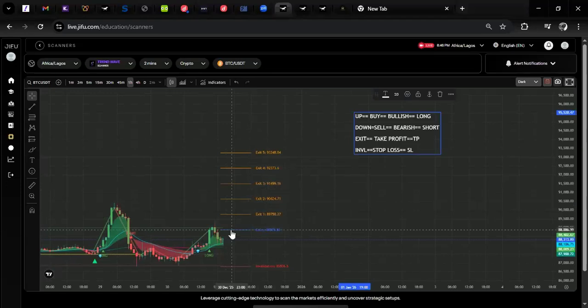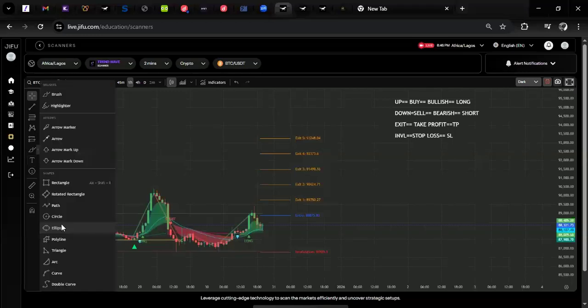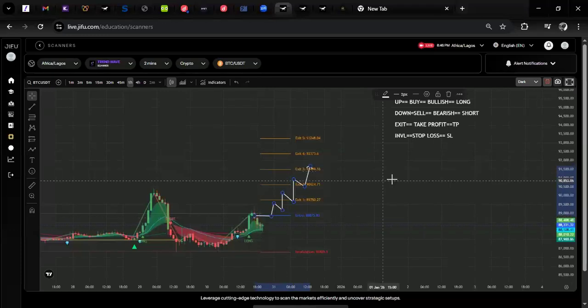Now, if you're entering here, please, I need you to pay attention. Where's my pen? Hold on. This is my pen. Let's say you're entering here, but you want to exit here, or here, or here. From the moment you entered to the moment you exit the market, don't forget that exit means take profit.